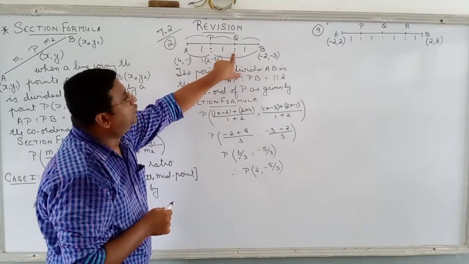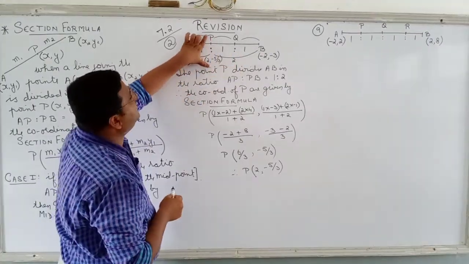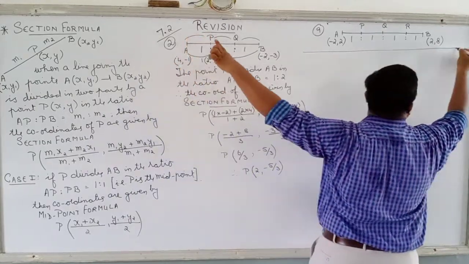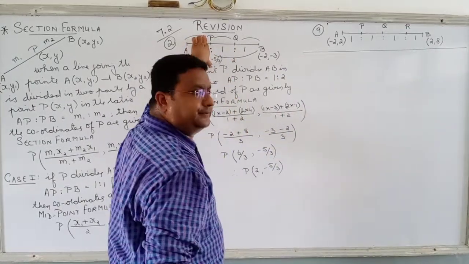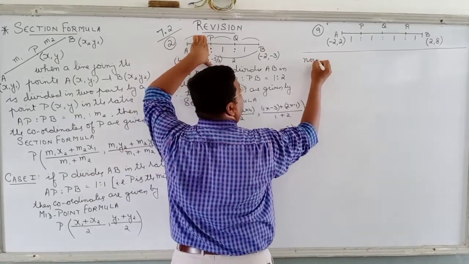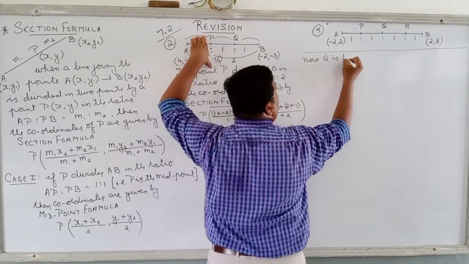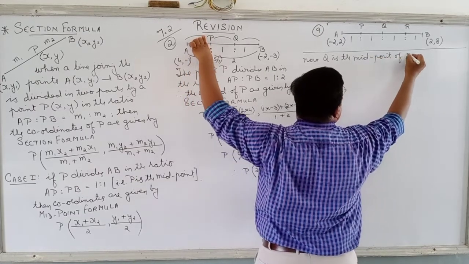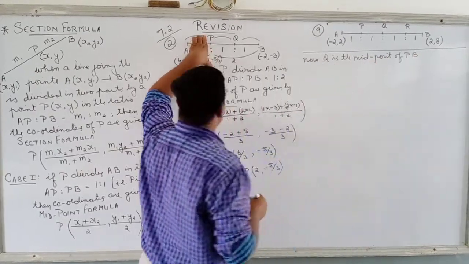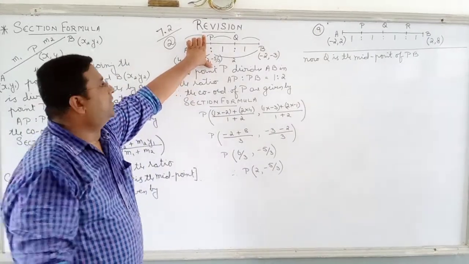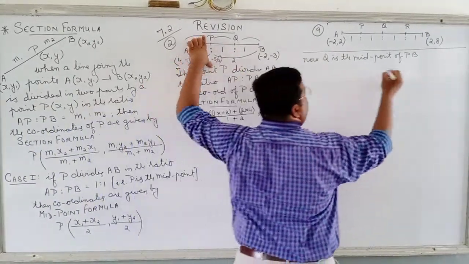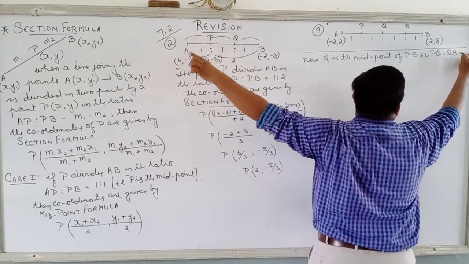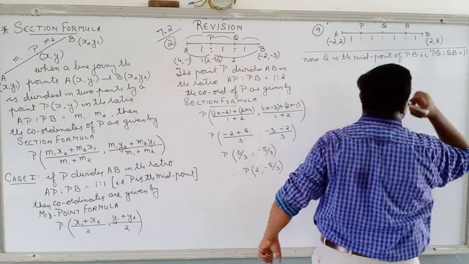Clear? So if you talk about the Q point, now check this Q. Is this Q the midpoint of PB? Yes. So we can use the midpoint formula as well. Now Q is the midpoint of PB. Clearly we can see that the ratio is 1:1, that is PQ is to QB is equal to 1:1.